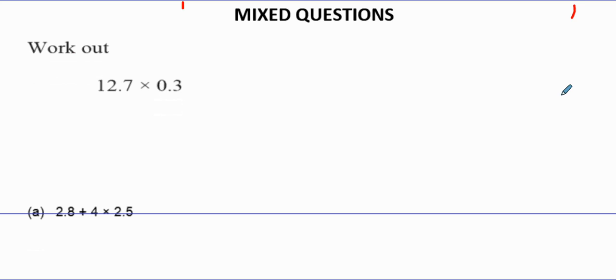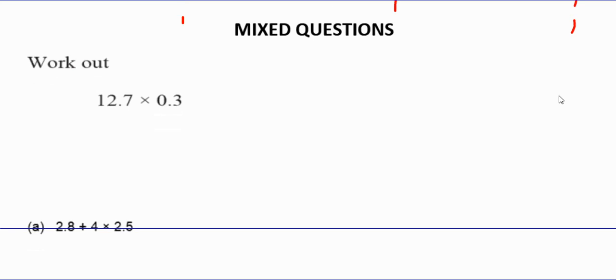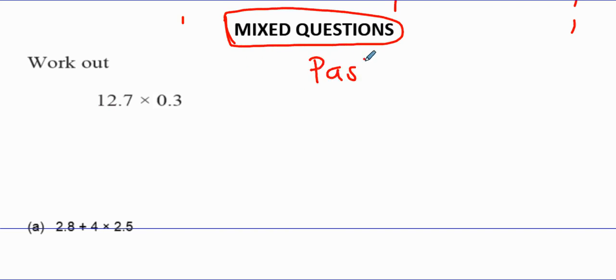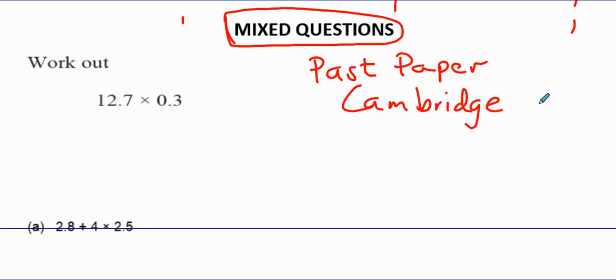All right, now this page is all about mixed questions. This is talking about questions from past paper Cambridge exams.